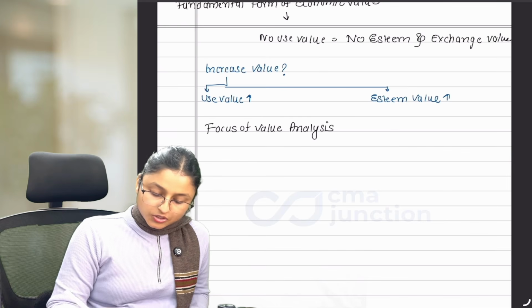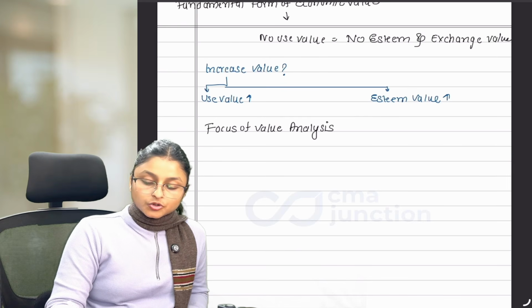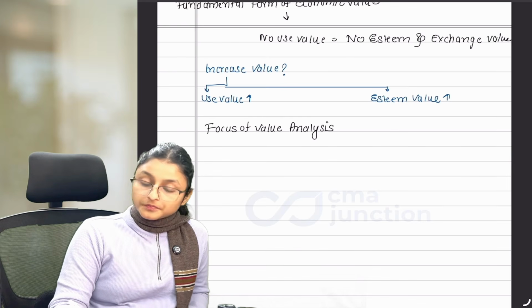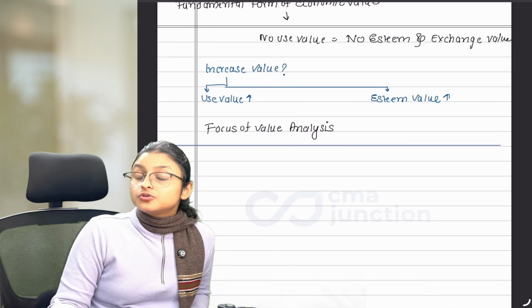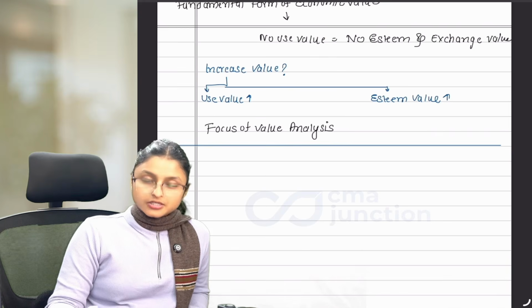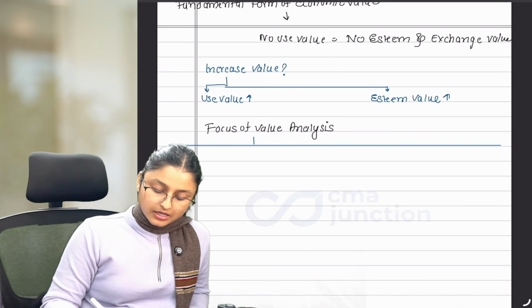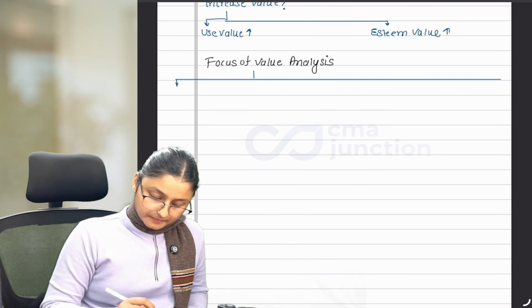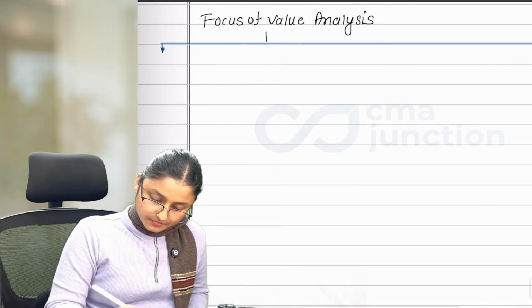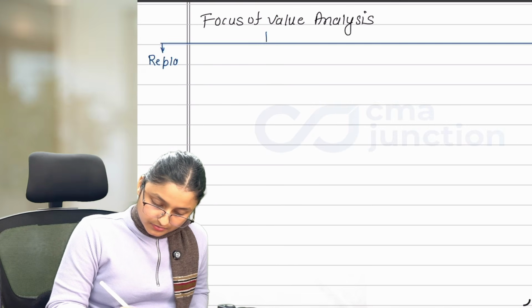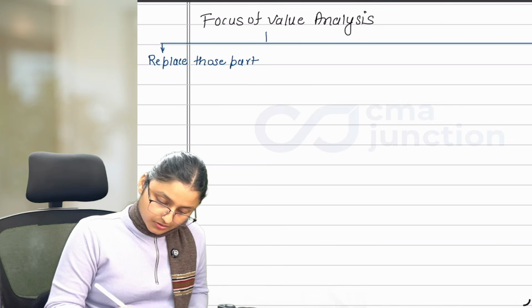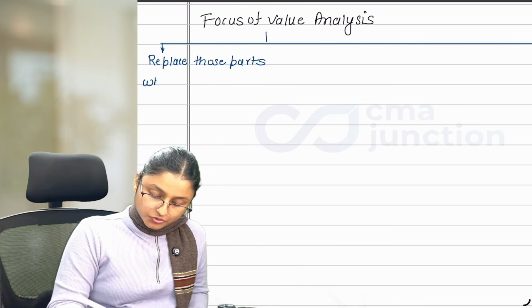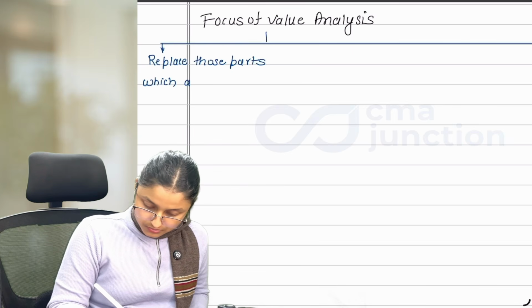So, value analysis focuses on replacing those parts which cost higher but are important for performing the function. Remove those parts which are of no use, and it uses some rules to apply value analysis. Replace those parts which are of use but are costly.